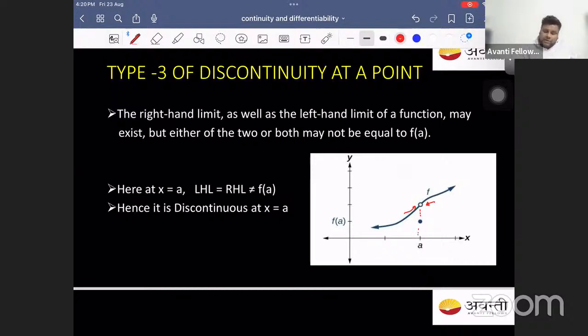This is what we call jump discontinuity. Here, LHL is equal to RHL but not equal to the value of the function at that point.